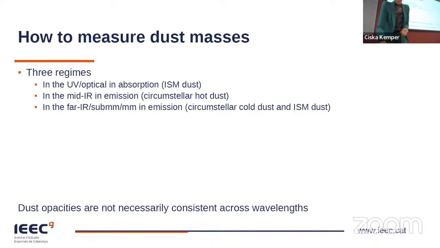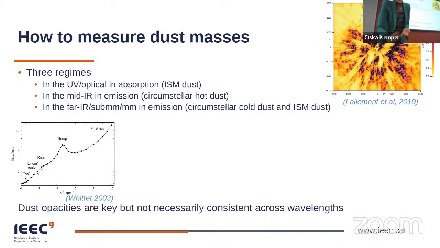For instance, using the interstellar extinction curve here, you can look at the reddening of stars in the solar neighborhood and beyond, to construct a dust mass map like the one here on the right, which is constructed using Gaia data.